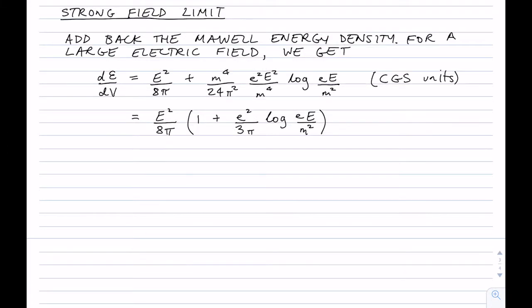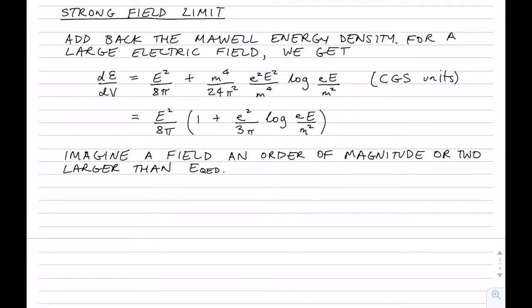Okay, so imagine we have a field that's like one or two orders of magnitude larger than E QED. Then the size of the logarithm, log E over E QED, will be of order, I don't know, 3, let's say.